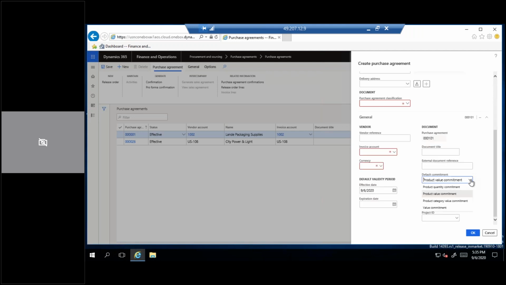so we learned two types. One is product quality commitment, and then product value commitment. Then product category value commitment we'll try to understand today. Okay, these two we learned.